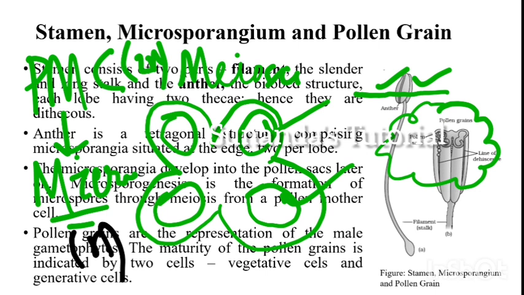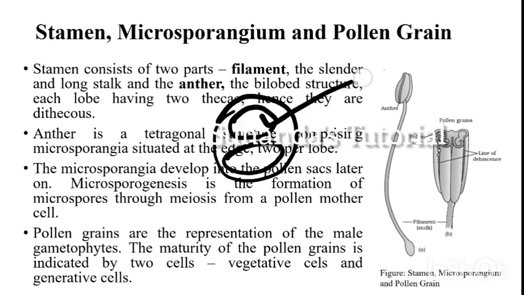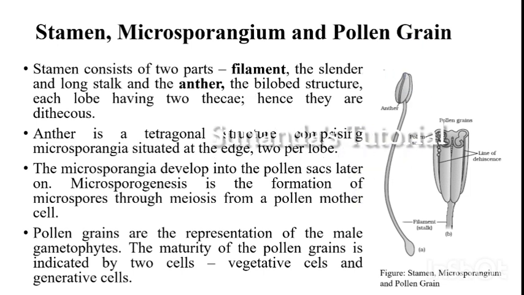Microspores or pollen grains are haploid in nature. Then these microspores mature and inside one pollen grain, 2 cells are formed. One is called the vegetative cell. One is called the generative cell. This is the matured pollen grain.